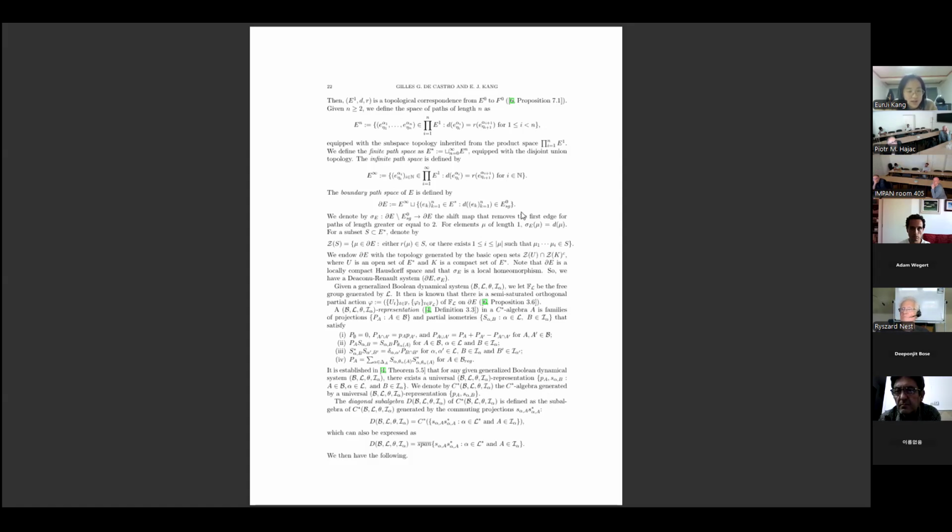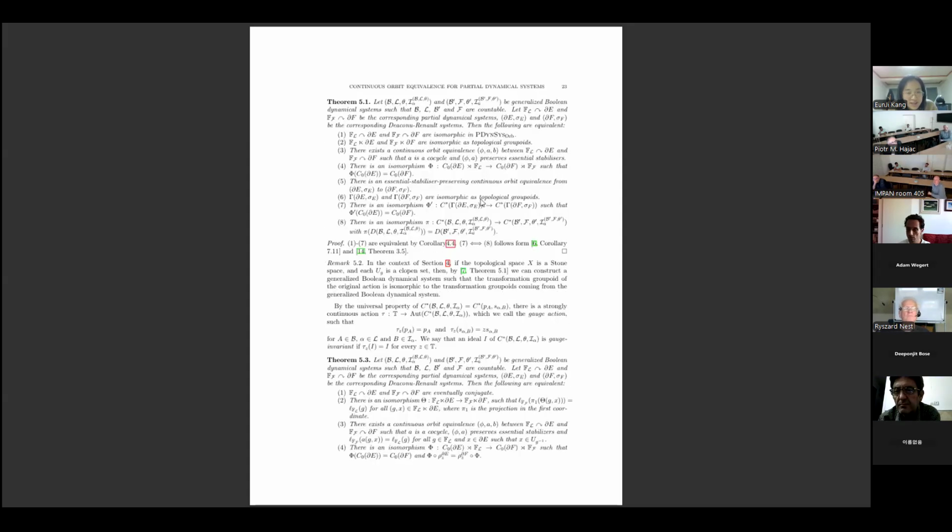We can define a partial action in the middle, and so from the free group we can construct a partial dynamical system from this Boolean dynamical system. This is our example, with a Stone space.